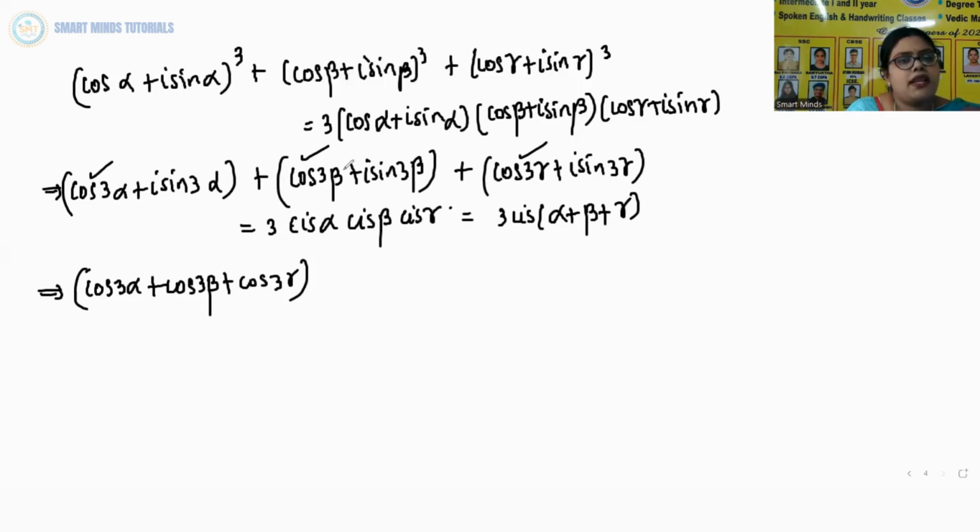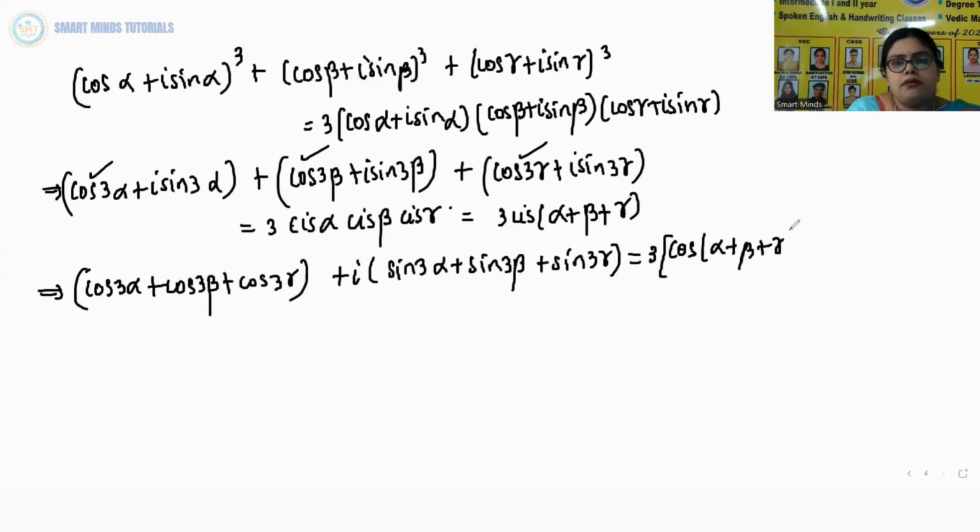Now from the second term in each bracket, I will take i common: sin 3 alpha plus sin 3 beta plus sin 3 gamma. On the right hand side, we got 3 cis theta. Again we can write cis theta as cos theta plus i sin theta. So 3 into cos(alpha plus beta plus gamma) plus i sin(alpha plus beta plus gamma).